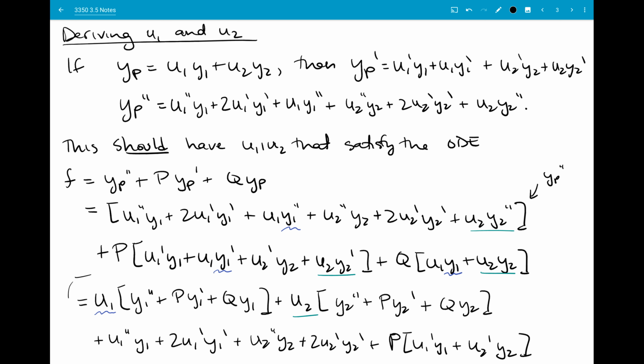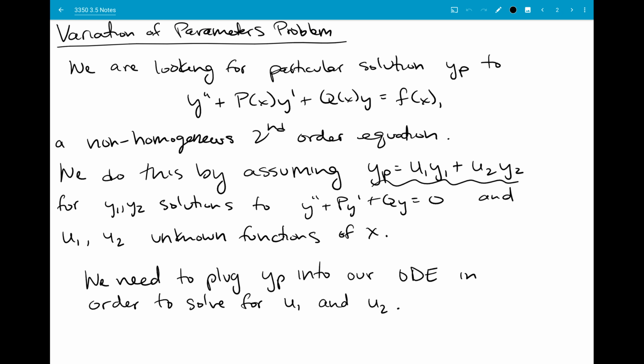We had gotten to this equation right here, where I had rearranged the u1 and u2 terms by themselves for some reason. And the reason is because this term right here, y1 double prime plus p times y1 prime plus q times y1, hopefully you remember from here.